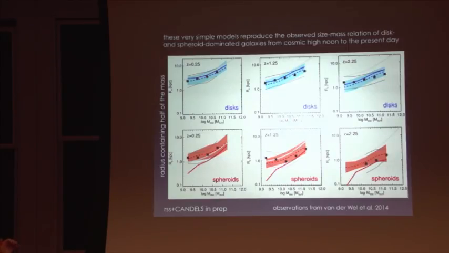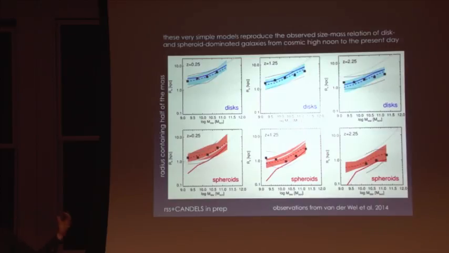So what we found is when we compared the predictions of these very simple models with the observations from CANDELS, so these are the same observations I showed you before, shown by the black points, for disk-dominated galaxies from low redshift up to redshift of 2, and for spheroid-dominated galaxies. So the dashed lines here show the composite. This is, again, getting into some details.